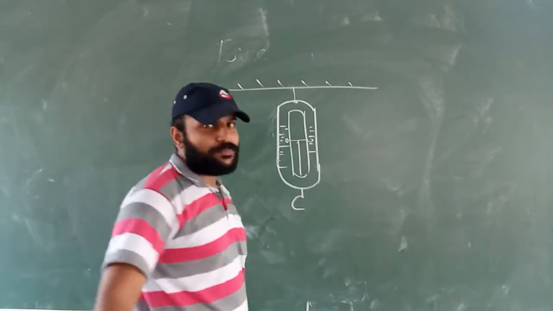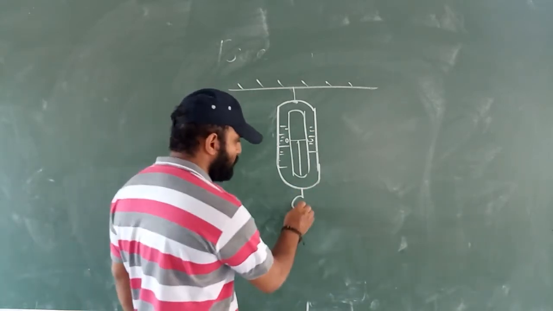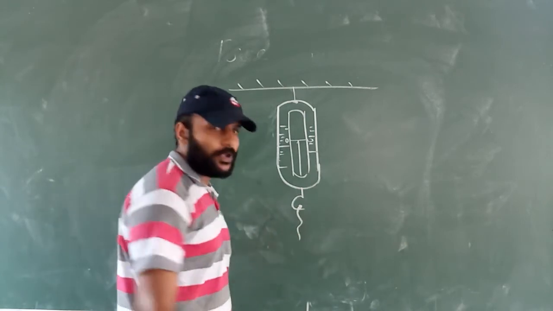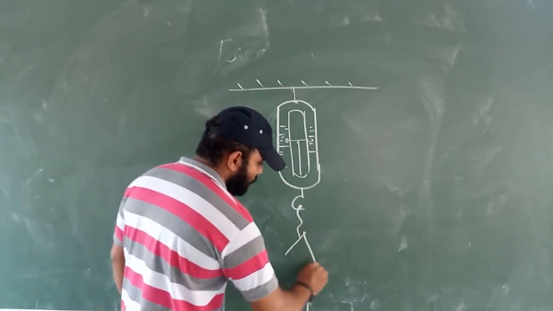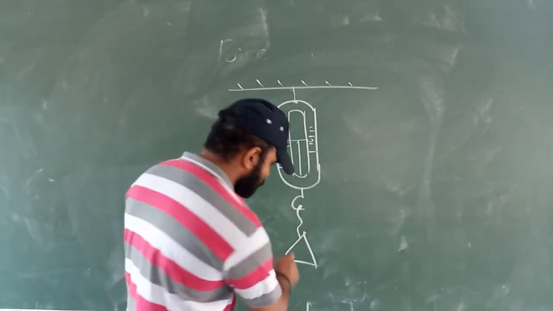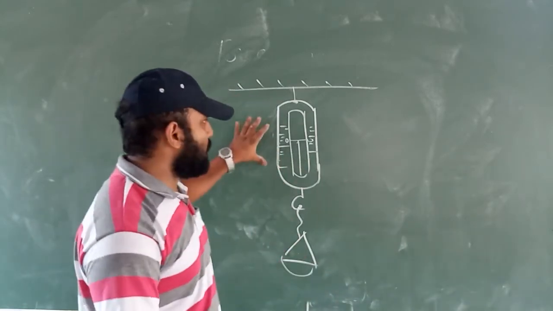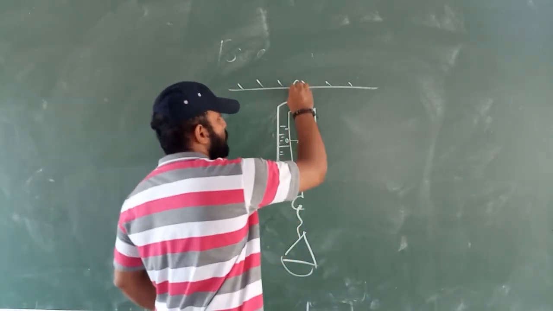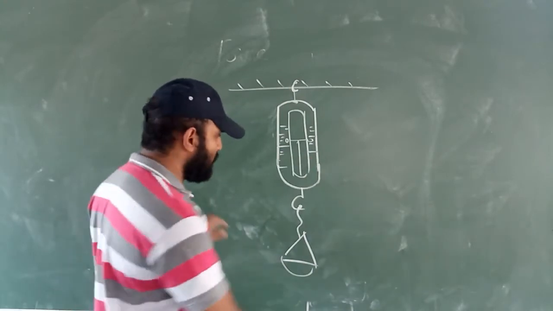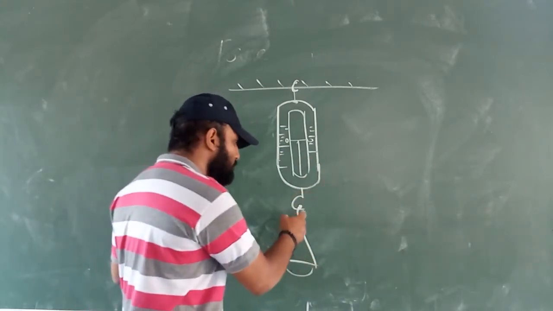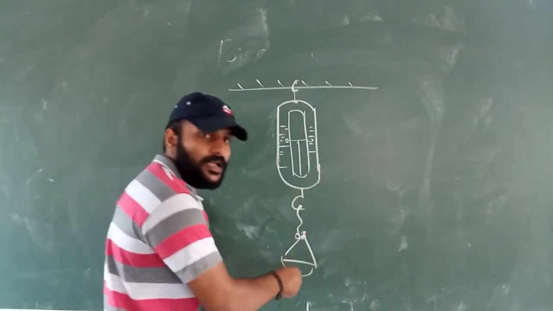The other end of the spring balance, we will attach one string. Other end of the string you attach a weight hanger.